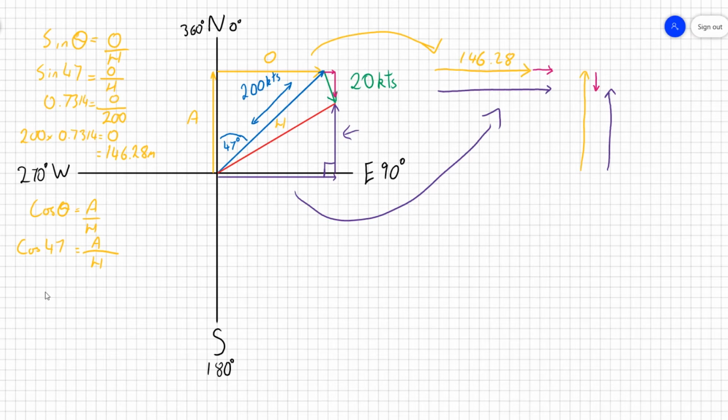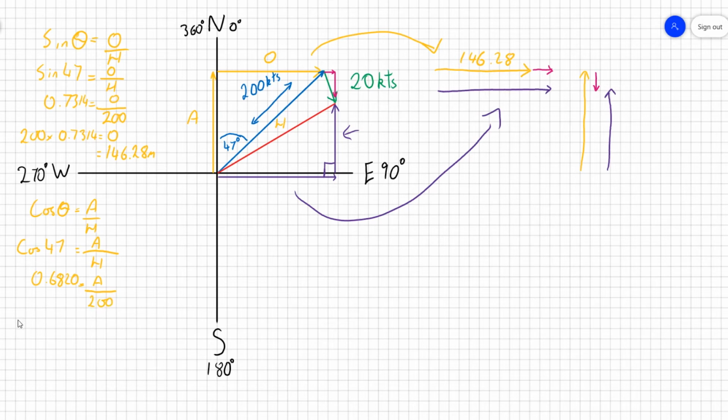Put my values in there, and I will get 0.6820 equals adjacent divided by 200.